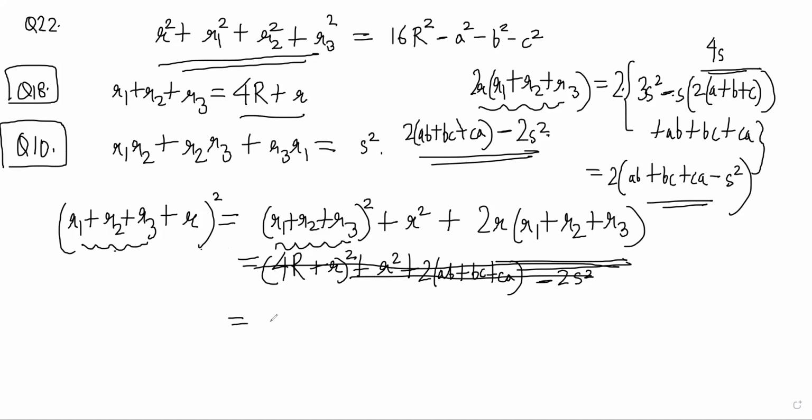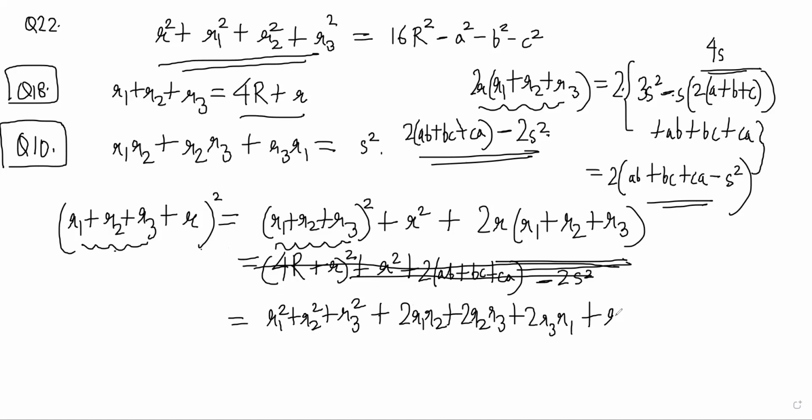You can write this as r1 square plus r2 square plus r3 square plus 2 r1 r2 plus 2 r2 r3 plus 2 r3 r1, plus r square plus 2r (r1 plus r2 plus r3), right? And this is equal to this whole thing square.